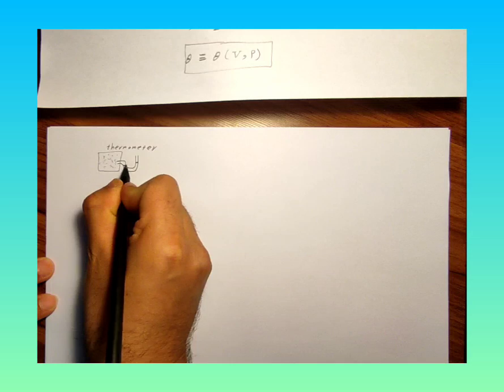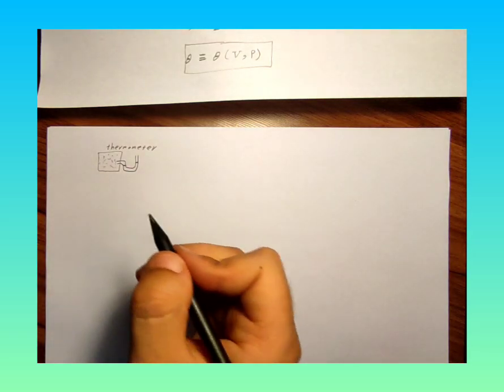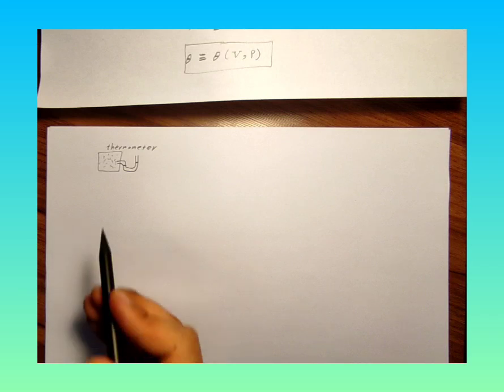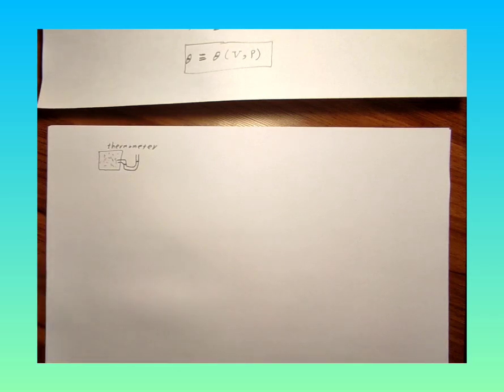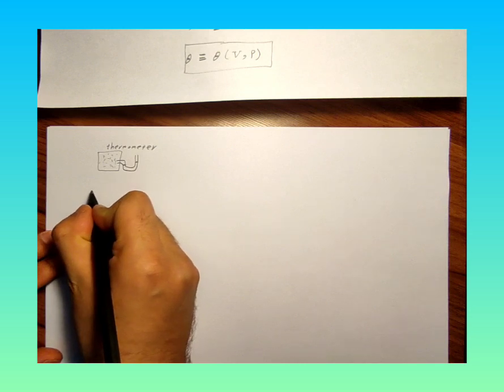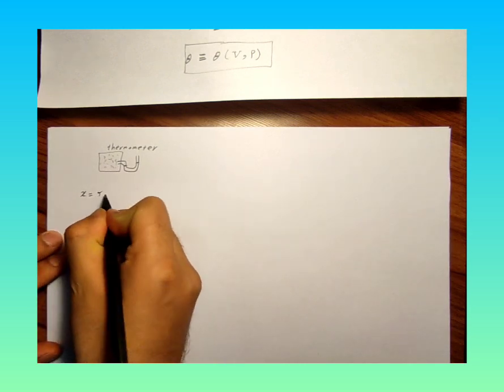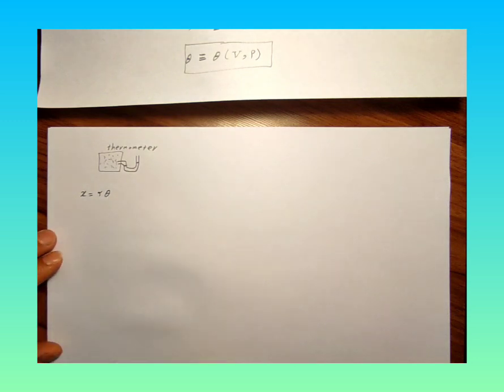A liquid is in here, and it can compute the pressure of this gas. Okay, and this relation is for any thermometer.